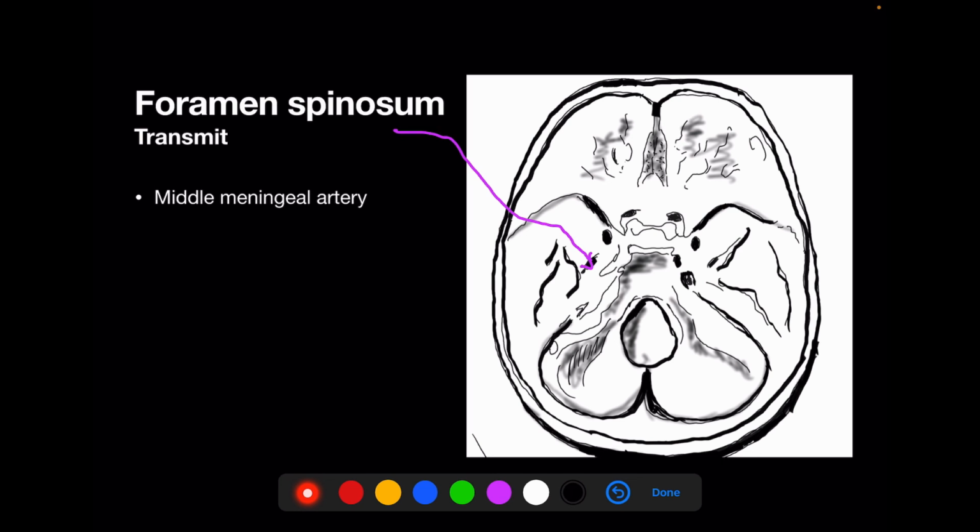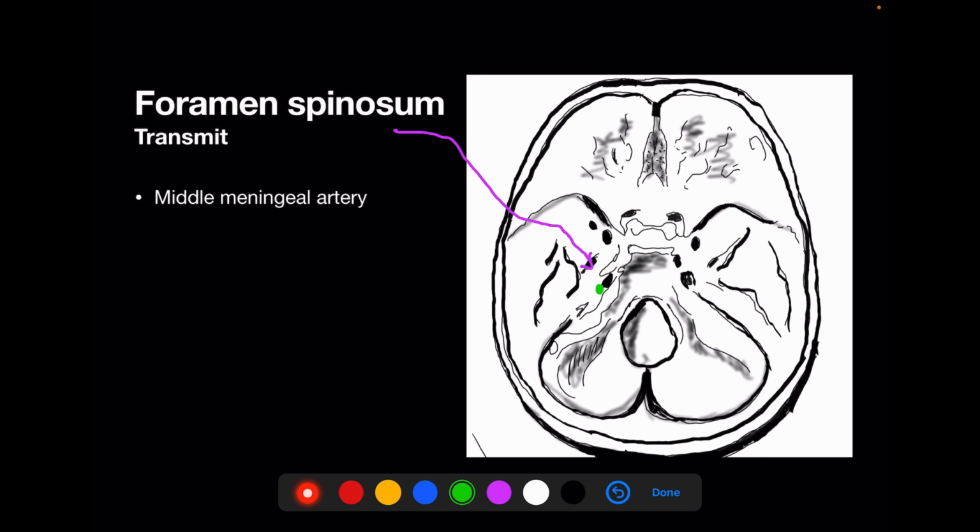So you can remember, here is your foramen rotundum. This is foramen ovale, this one, and this is foramen spinosum. And this black one here in green color, this is foramen lacerum.